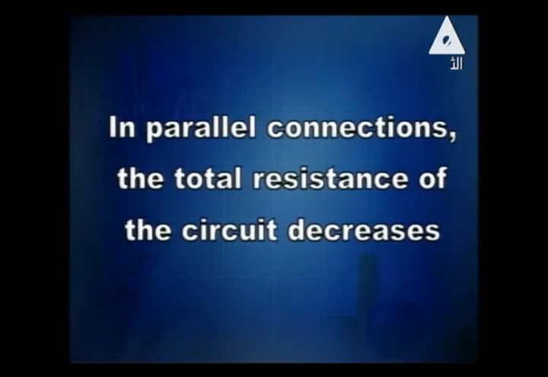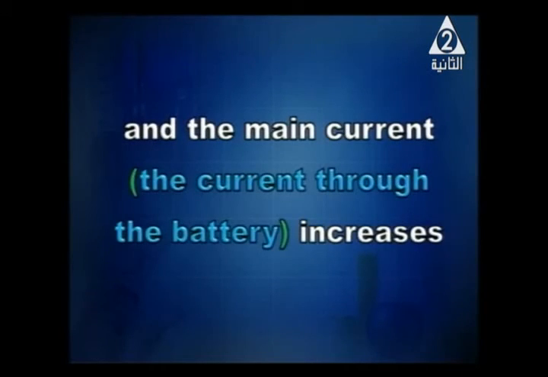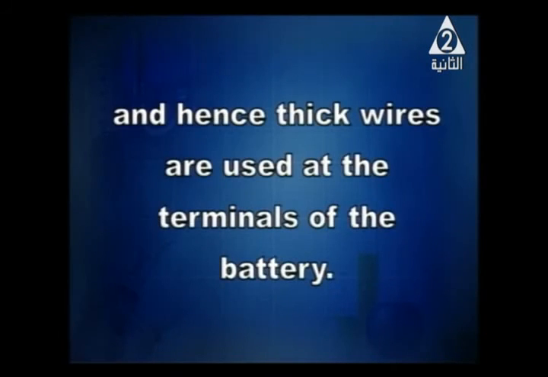Why? In parallel connection, the total resistance of the circuit decreases, of course. So the main current, the current through the battery, increases, and hence thick wires should be used at the terminals of the battery. But what happens to this main current? It will split when entering the group of resistors connected in parallel.